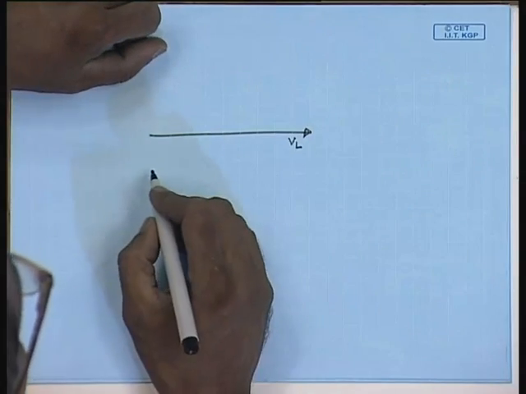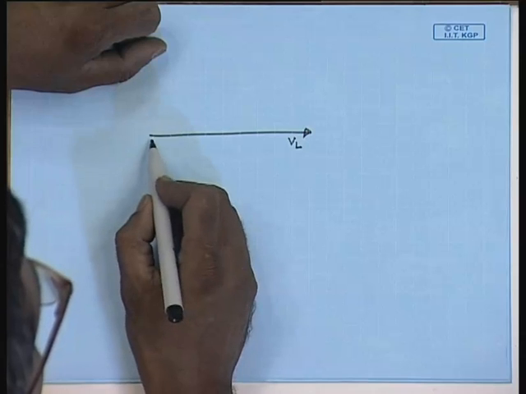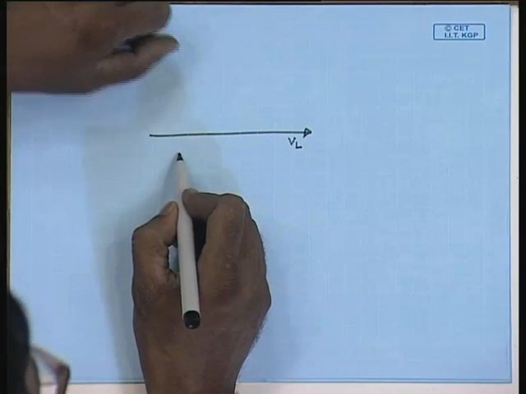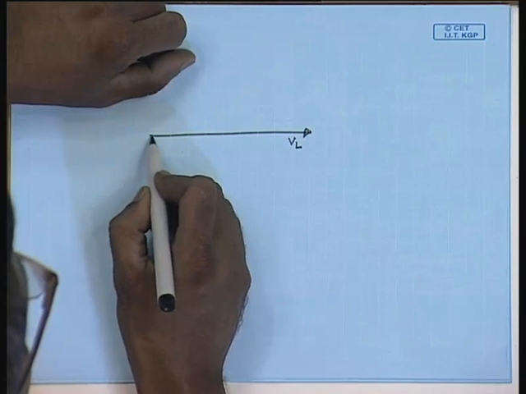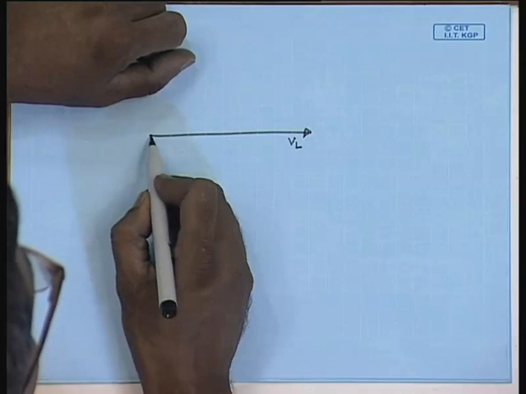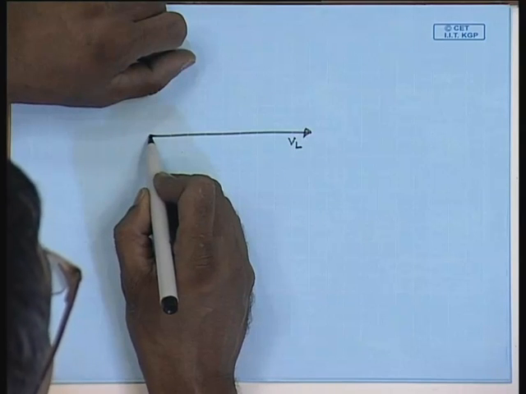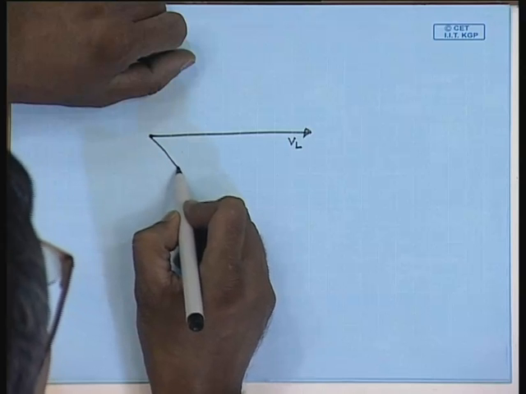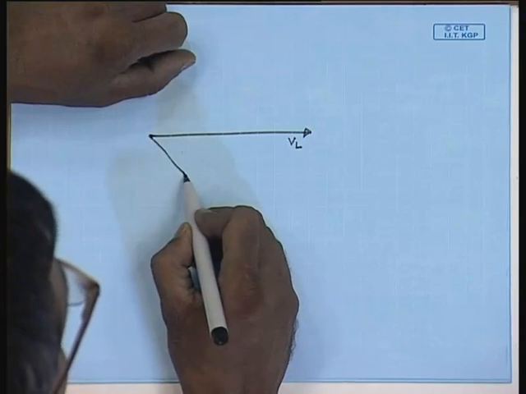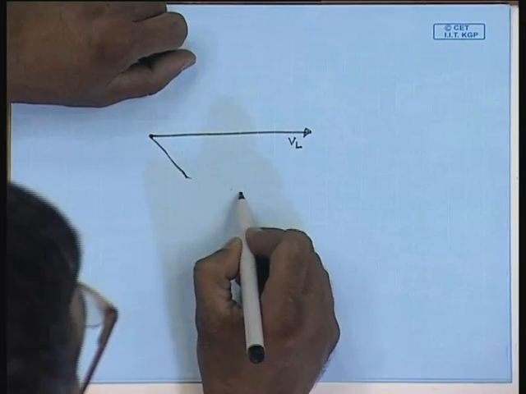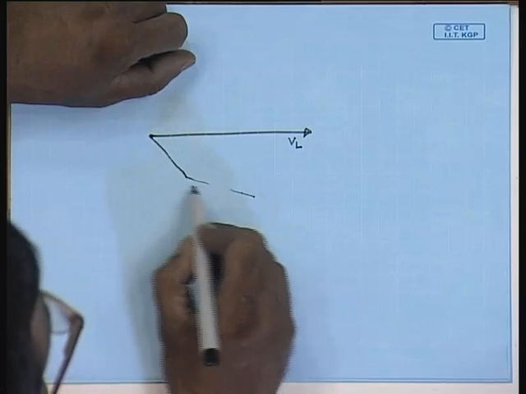I1 is at a larger lagging angle of 49.6 degrees, but has smaller magnitude. I2 has a larger magnitude, but a smaller angle.